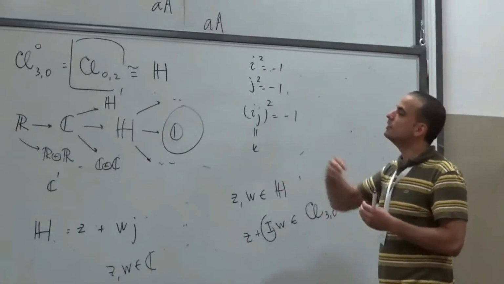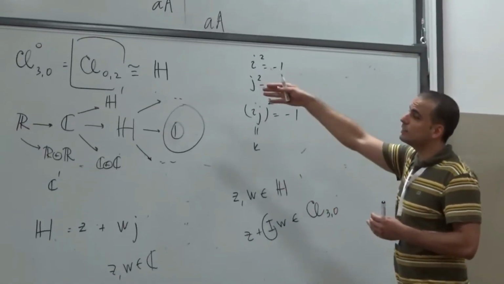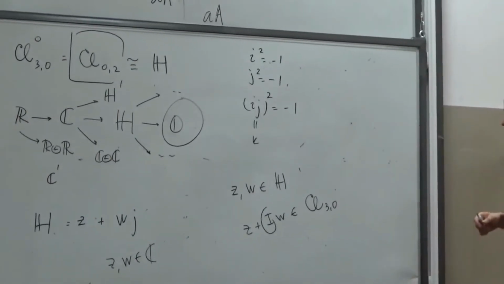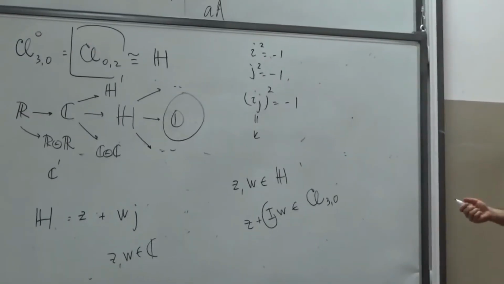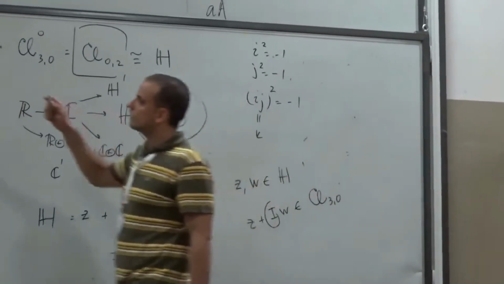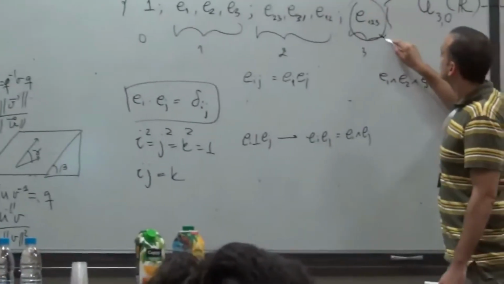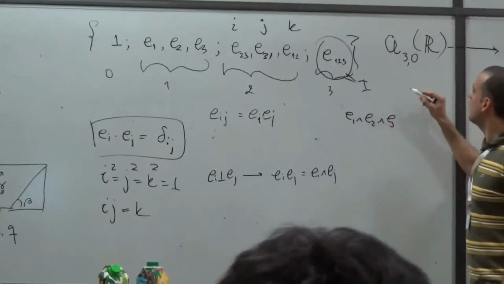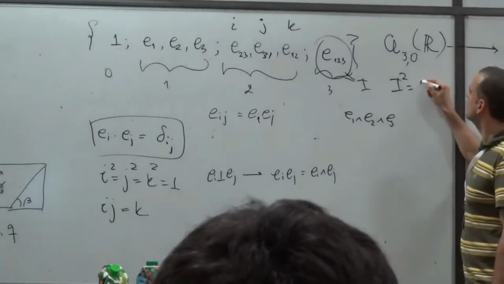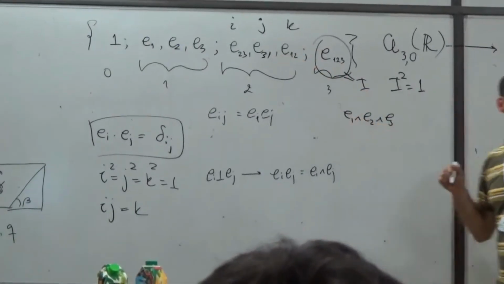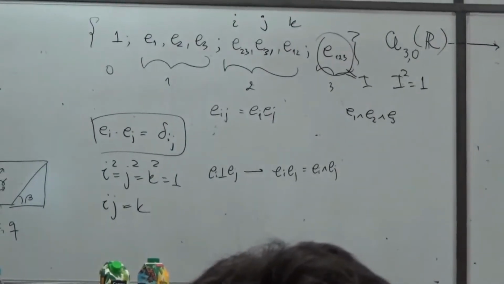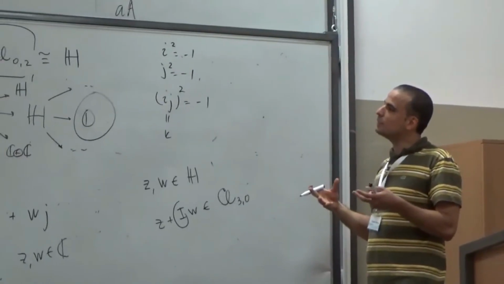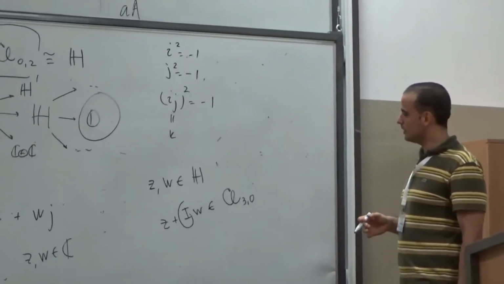You extend your even subalgebra into the whole Clifford algebra. It turns out it is the very imaginary unit, because this is actually the so-called pseudo-scalar. It has this very nice property that it squares to -1, and it commutes with all elements of the algebra. So it has the very algebraic property of the definition of the imaginary unit.